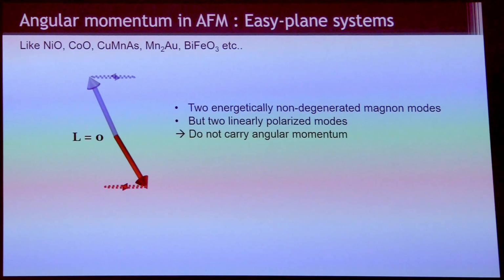And maybe from a theoretical point of view, it's not so important, but from an experimental one, if you want to study magnon propagation and the transport of spin information, you need to find a mode that will be able to carry spin information. So this is not the case in easy plane antiferromagnets, because in that case, the net spin transport that you will be able to propagate will be equal to 0.